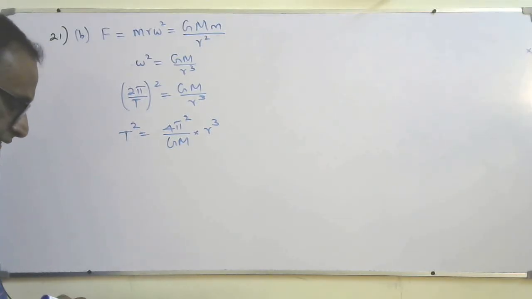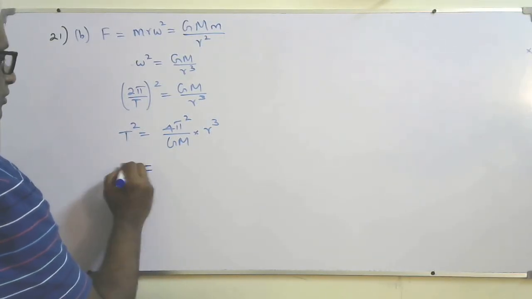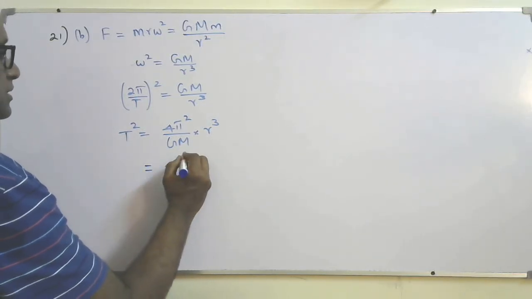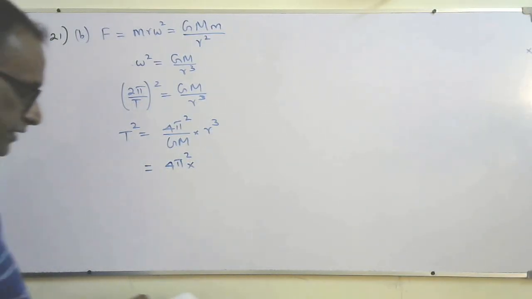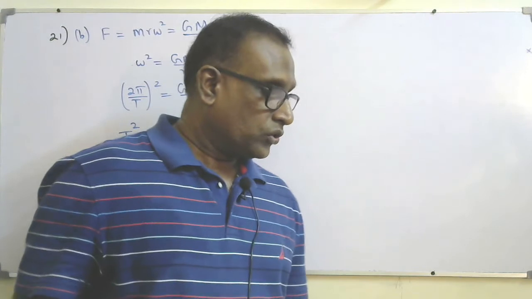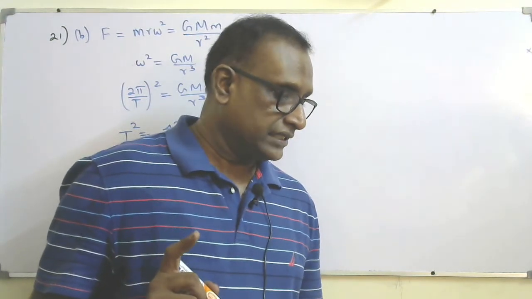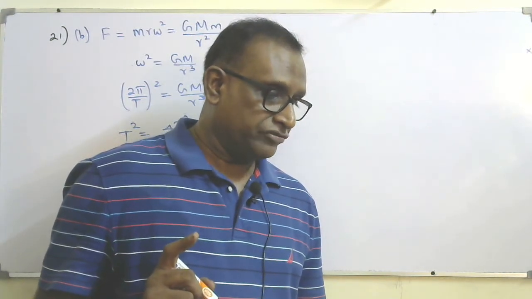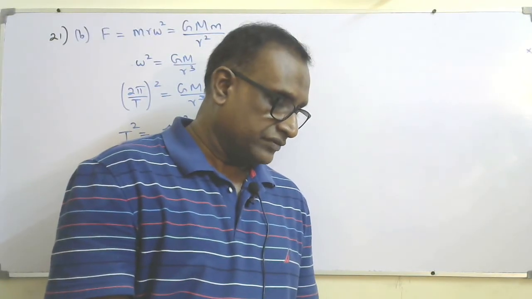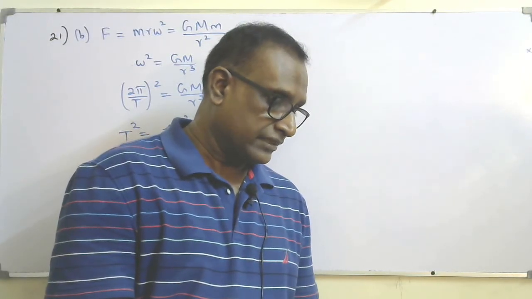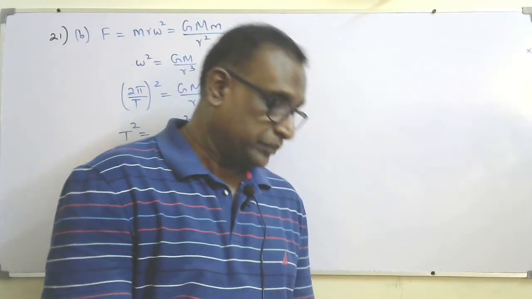So I need to find the time period. 4 pi squared into r cube. I need to find the radius of the orbit. So the height is given as 8.50 into 10 to the power 5, and the radius of the Earth is given as 6,360 kilometer, convert to meter.